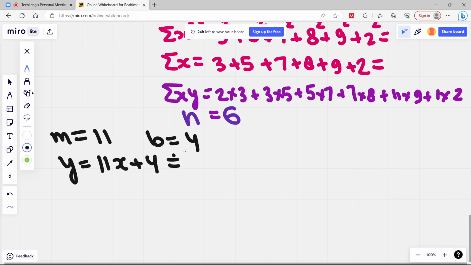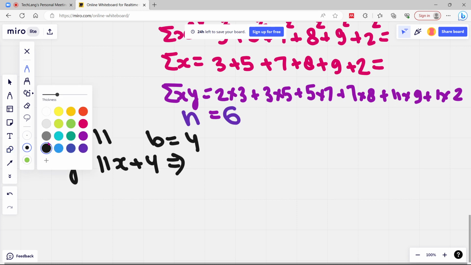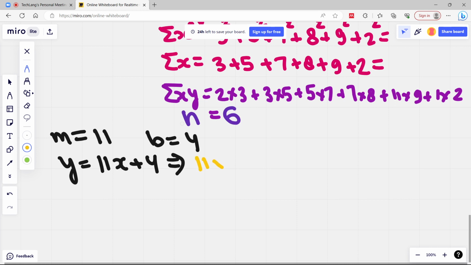Is it the correct equation? Once we get the equation of this line, you can put 11 into 13 plus 4, and you can get the salary of a person with that much experience, in INR or in LPA. So this is the linear regression part.